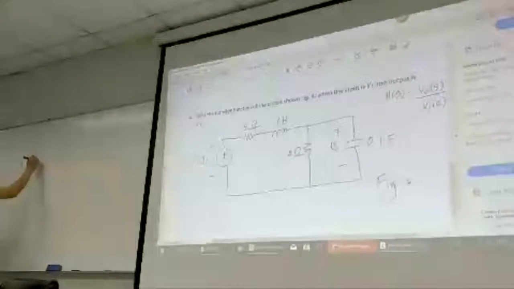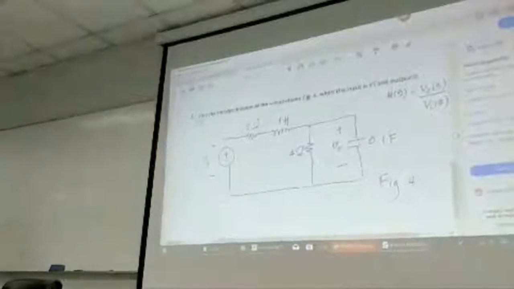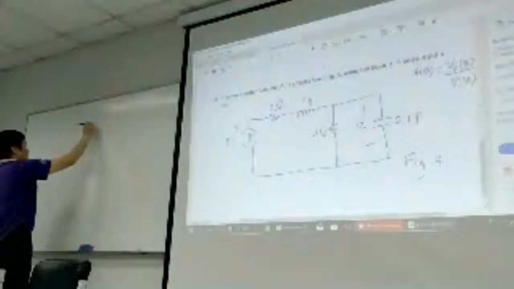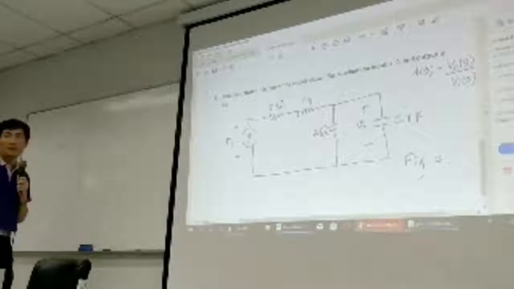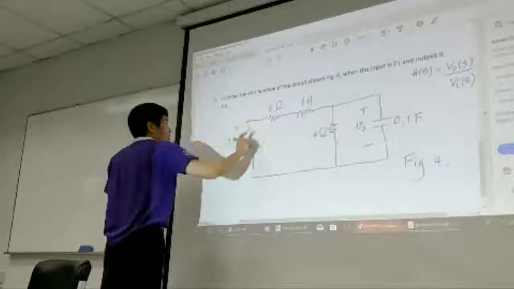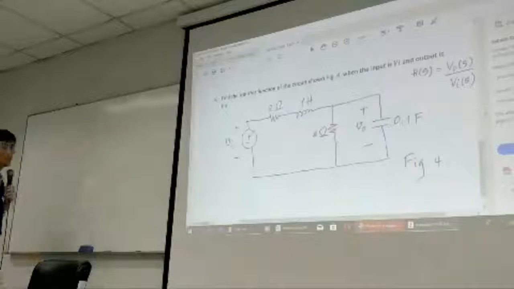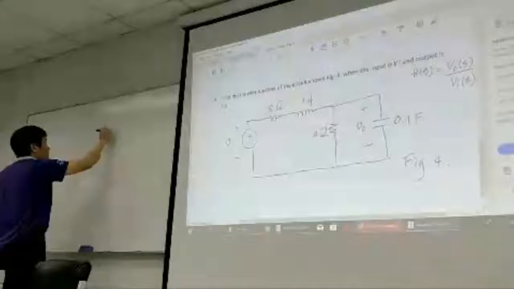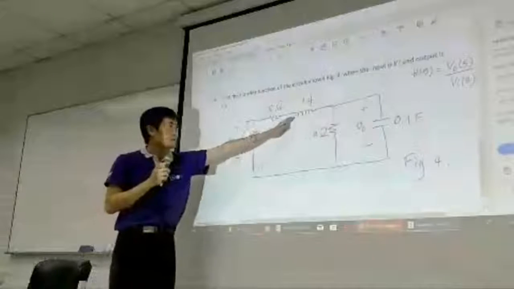Then you transform the resistor into the S domain, and the impedance remains the same as the resistor.